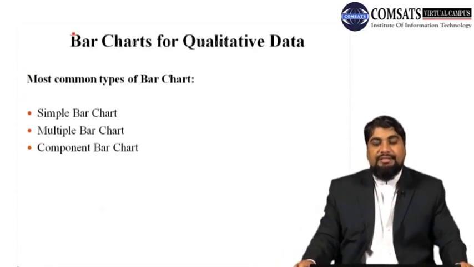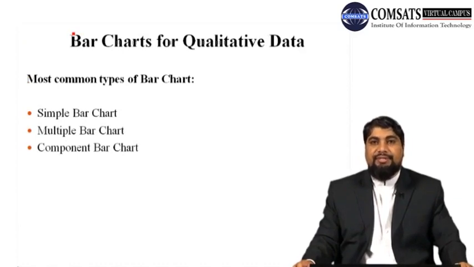So let us discuss how to construct graphs for qualitative data. As we discussed, the simplest way to represent qualitative data in the form of a graph is the bar chart. The most common types of bar chart are simple bar chart, multiple bar chart, and component bar chart.